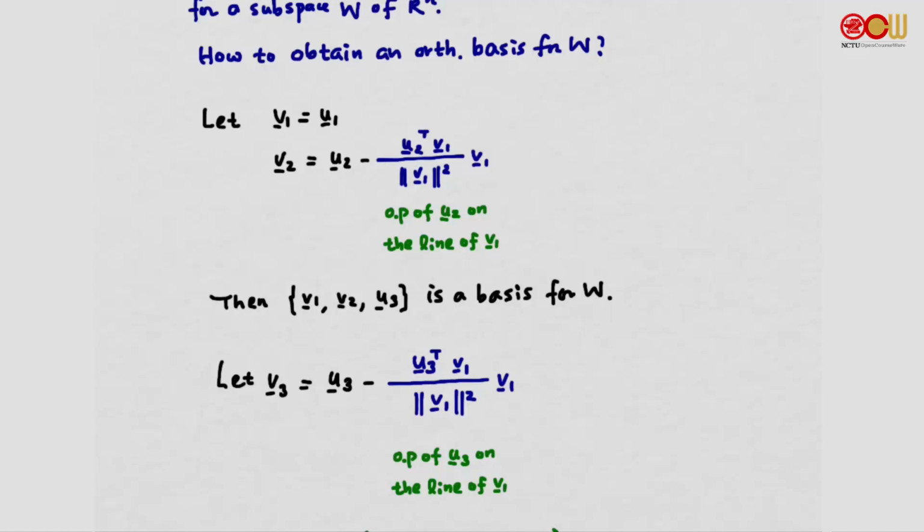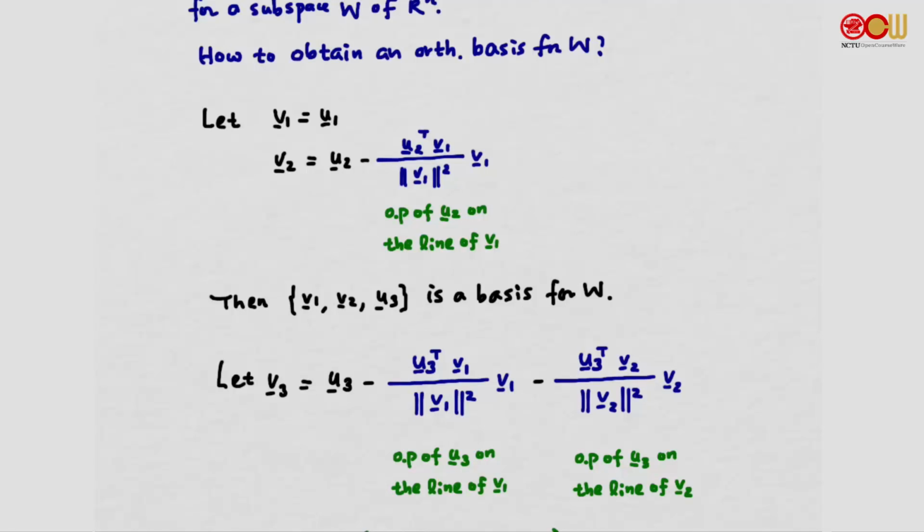So, following the steps that we have done before, we know if we subtract the orthogonal projection of U3 on the line of V1 from U3, then we can make the whole vector orthogonal to V1.